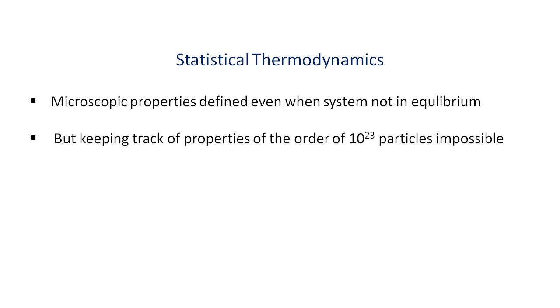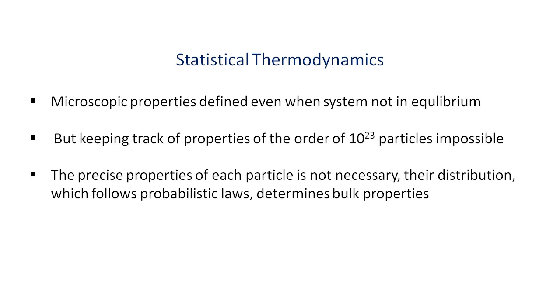Interestingly, it turns out that we don't really need to know the details of each and every particle to know the bulk properties of matter. Molecules are moving and bumping into each other and exchanging energy, and the energy is distributed among them following rules of probability, and this distribution of energy, not the precise energy of each particle, determines the bulk properties of matter.